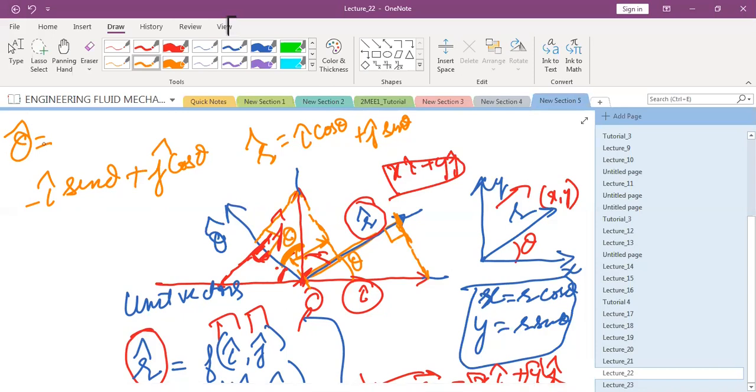So this method is more geometrically attractive in the sense that you take the projections and find out the contribution of each in one particular direction and then simply add them. Clear hai? Any doubts to anyone?